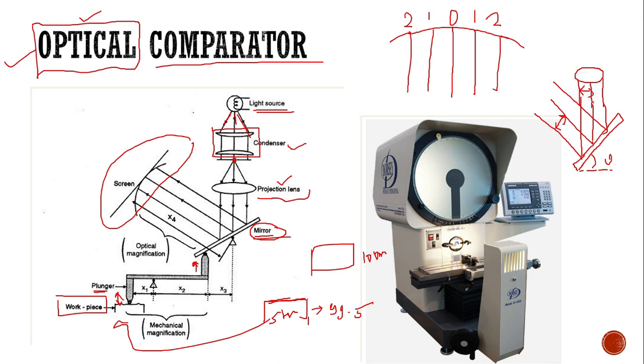So what does it mean? These rays have been magnified, means those rays are not visible here with the eyes, but yes, on the screen it can be visible.